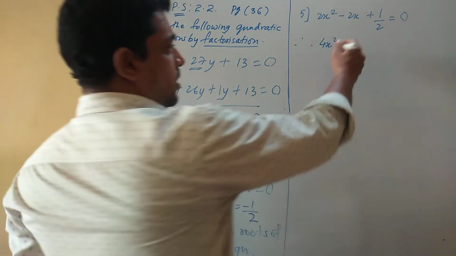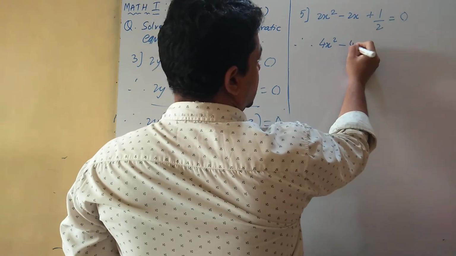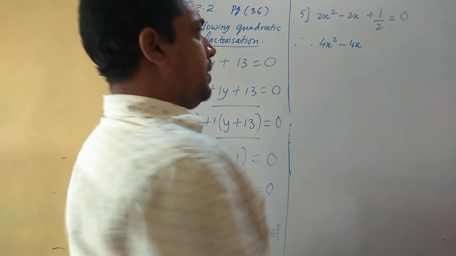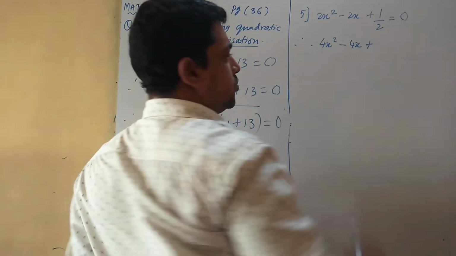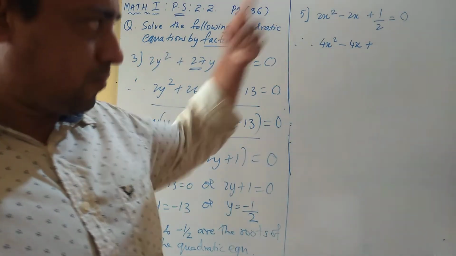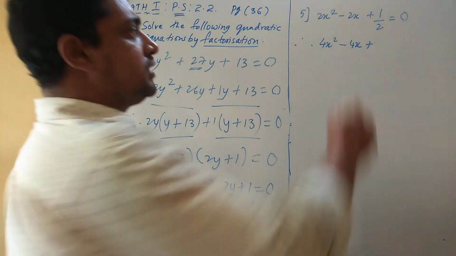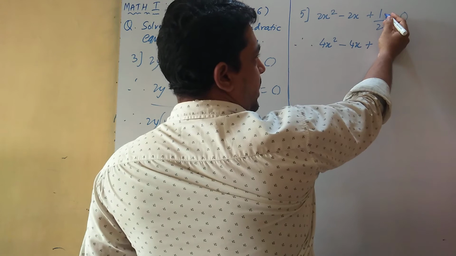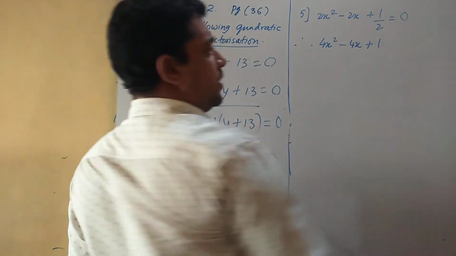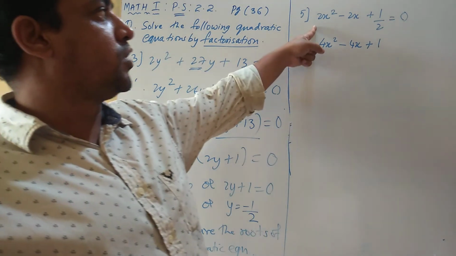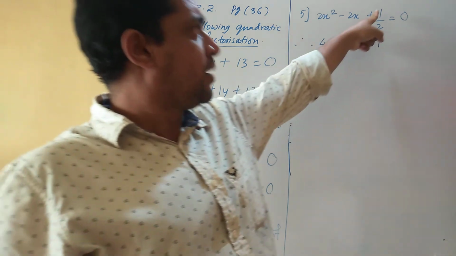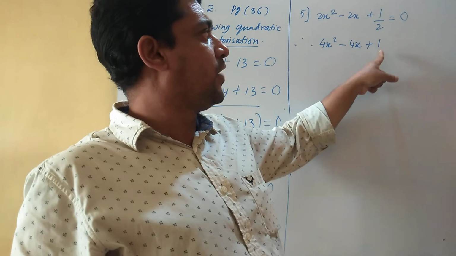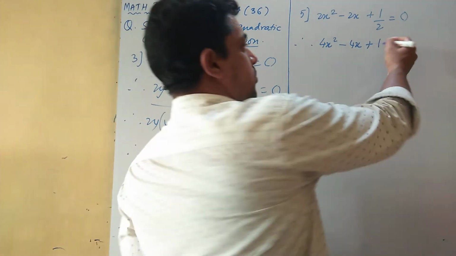So 4x square minus 2x, that is 4x, it will become, 2 2s are 4, 4x plus, now you might try, sir, 2 upon 2. No, once I multiply 1 also by 2, it gets cancelled, correct? So I am multiplying this term also, don't worry, but it gets cancelled, so I write only 1. Is it clear? 2 2s are 4, 2 2s are 4, but when I am multiplying here, it gets cancelled, so I write only 1 is equal to 0.